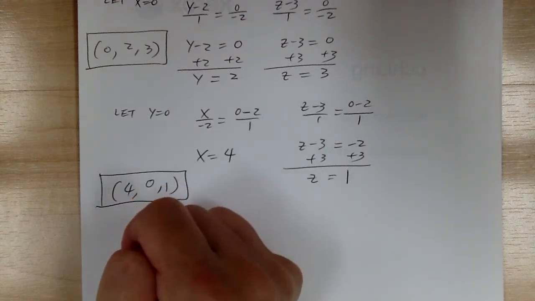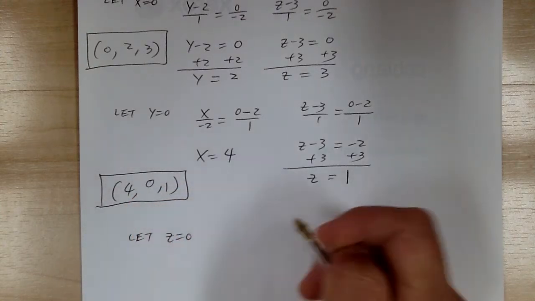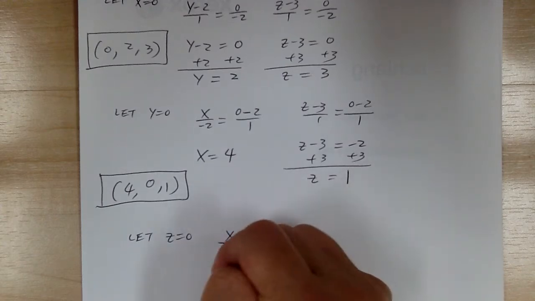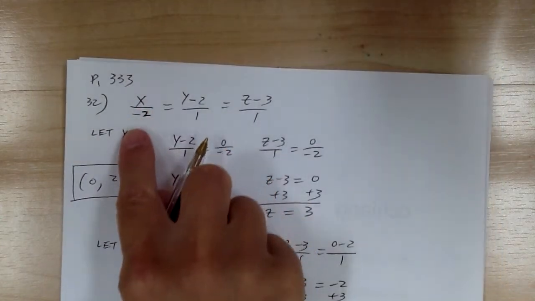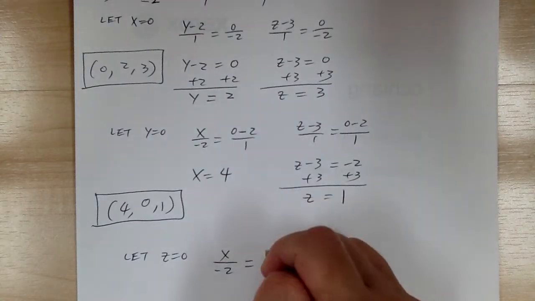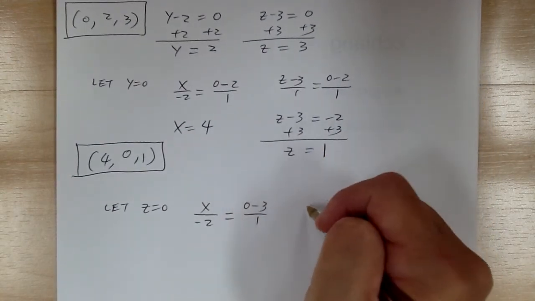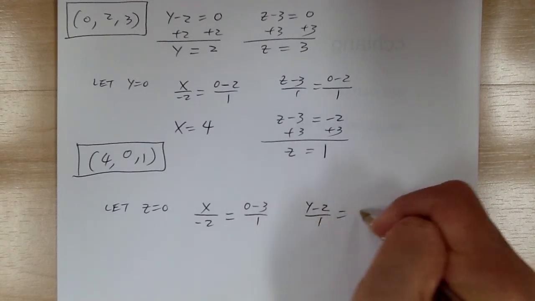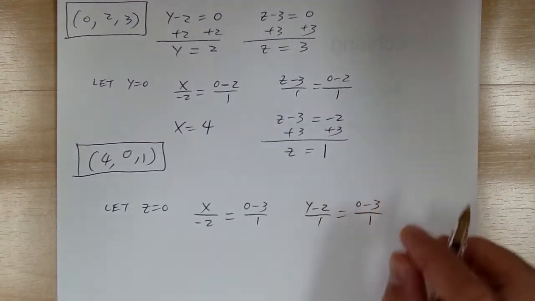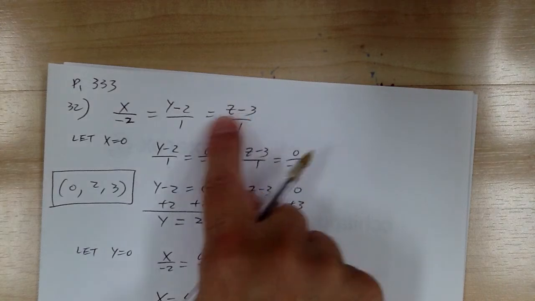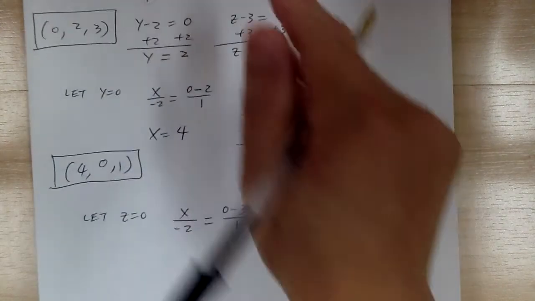Okay, so now you let z equal 0. So you're going to get x over negative 2 equal to 0 minus 3 over 1. And then you have y minus 2 over 1 equal to 0 minus 3 over 1. I can just let z equal 0, substitute, and you have this equal to that, equal to that.